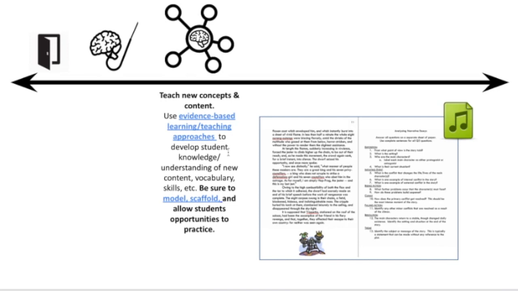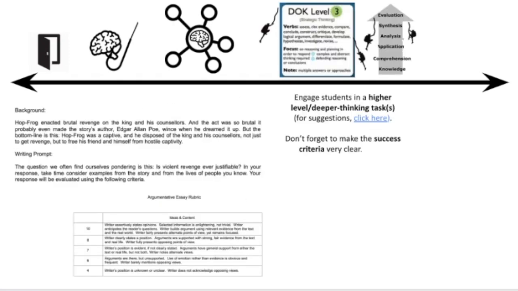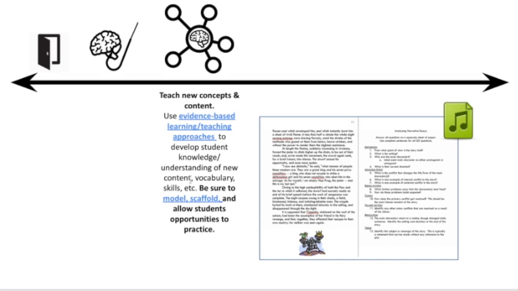And then as our students get more proficient with it, and we're able to give them some feedback on how to do this, they become more autonomous, and then they might do some with partners and maybe finish it up on their own. But the idea is that we're teaching the new concepts and content, and also providing a structure in place where they're learning how to be successful, and they're developing more and more autonomy.